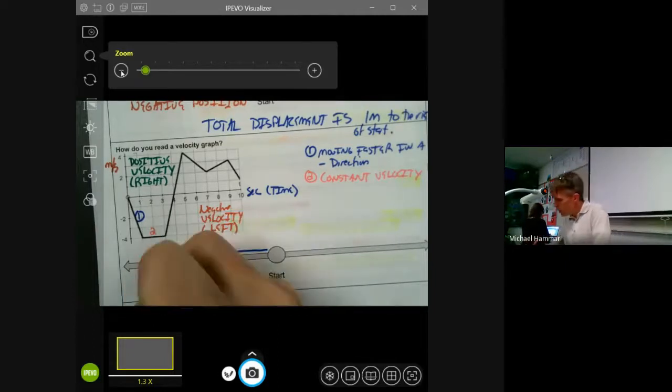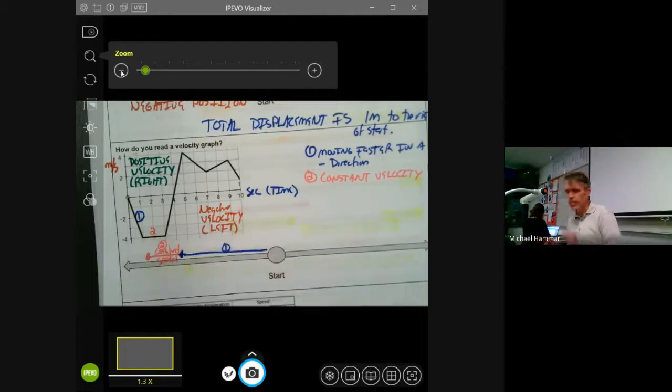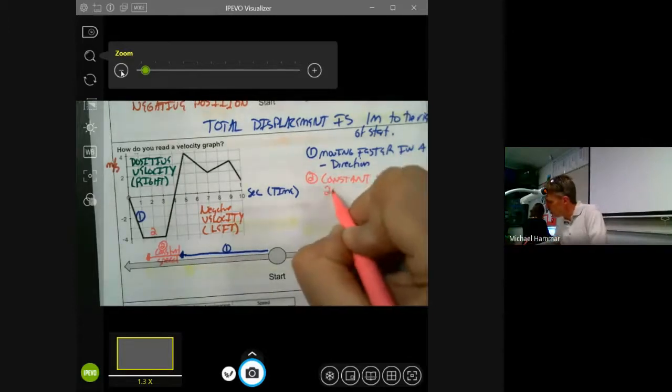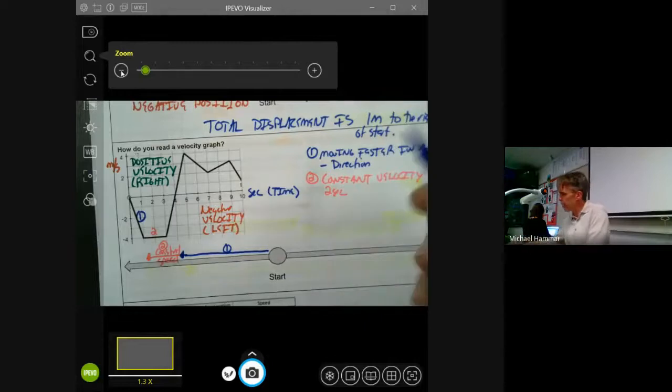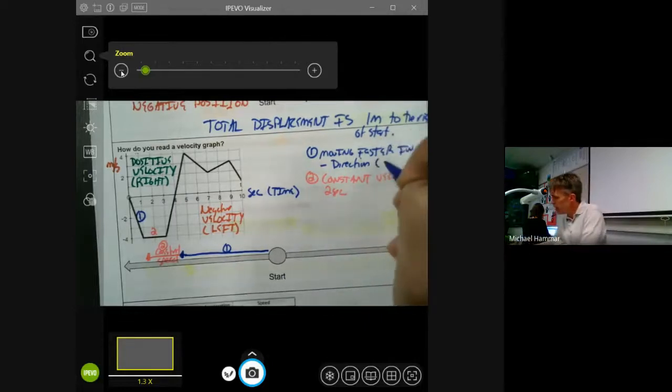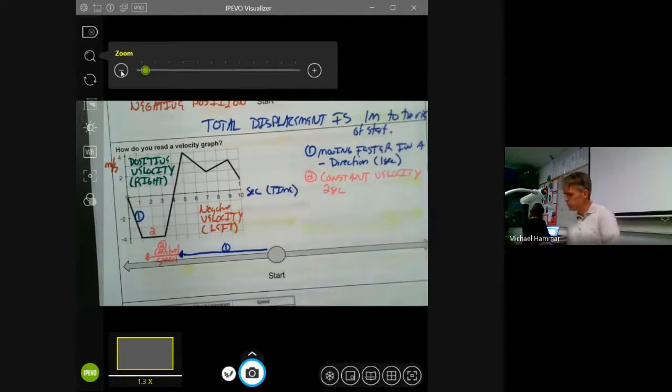Okay, so for number 2, we are holding steady at a constant speed there for what? 2 seconds. So this will be a constant speed for 2 seconds, and we're getting faster in a negative direction for 1 second.